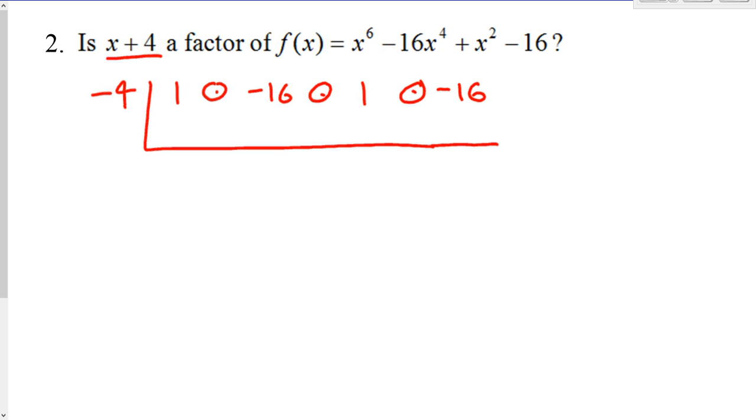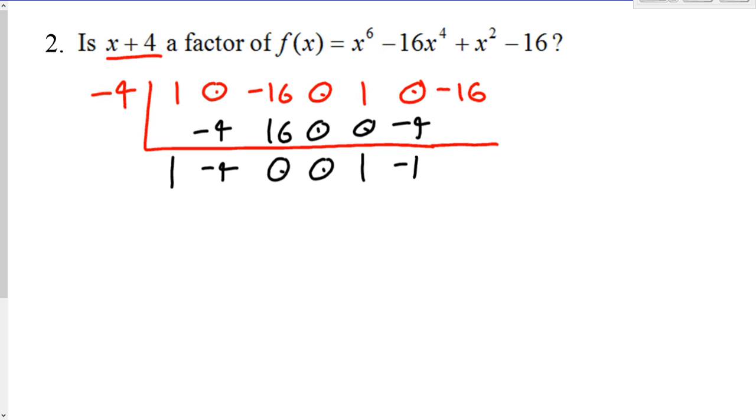As I come through and do this, I drop down my 1, get -4, add those up, I get -4, times -4, I get 16, that goes to 0, 0, 0, 0, 1, 1 times -4 is -4, add those up, -4, I get 16, and I get a remainder of 0.